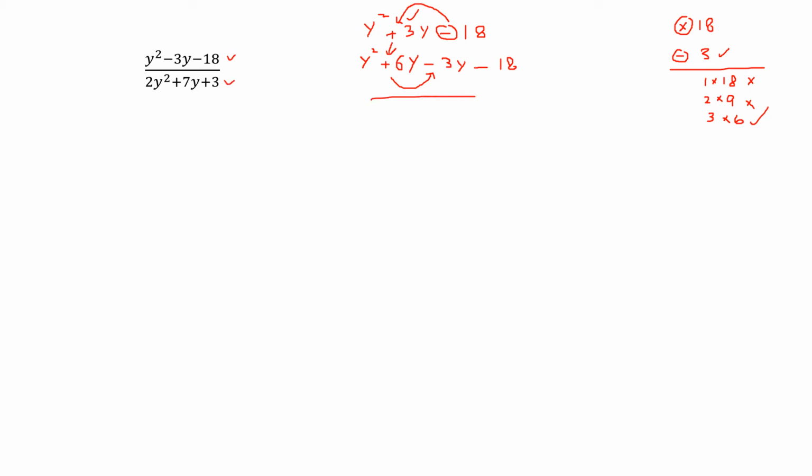Now I come for this one. Okay, factorization, now it's easy, so I will do it in the question. Now 2y square plus 7y and plus 3.